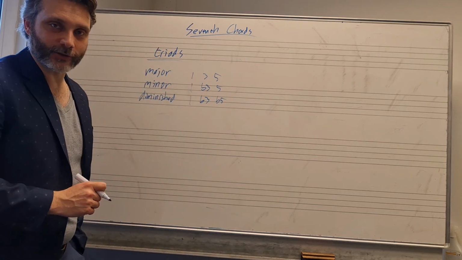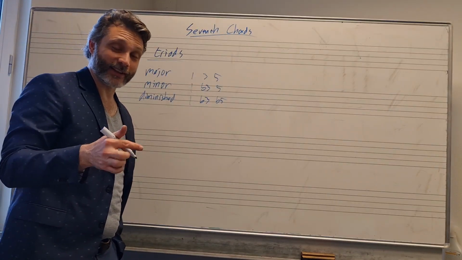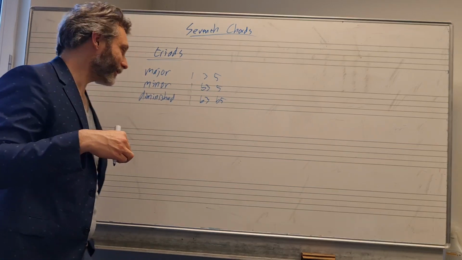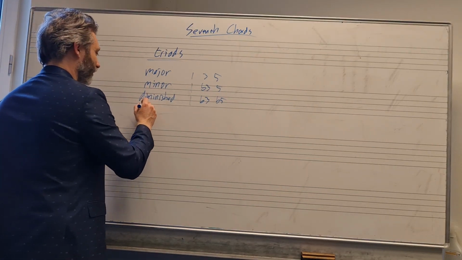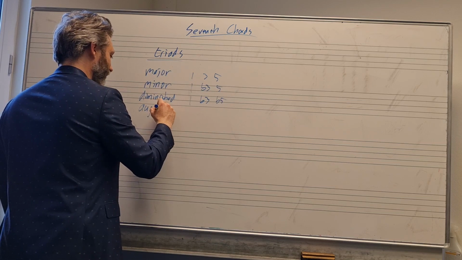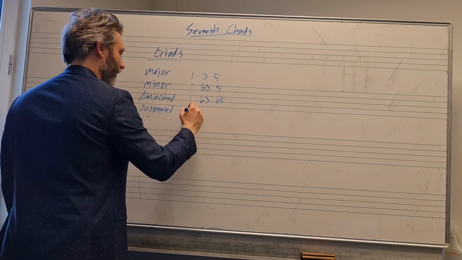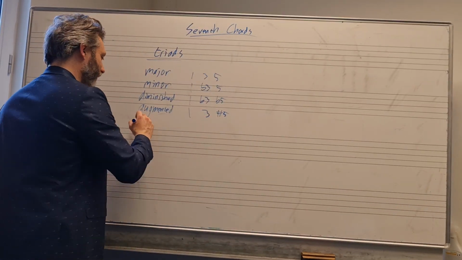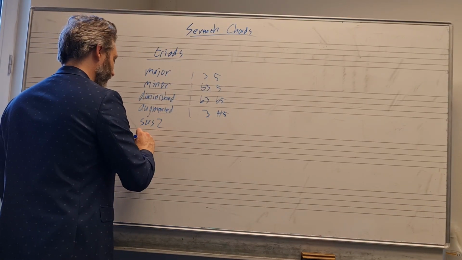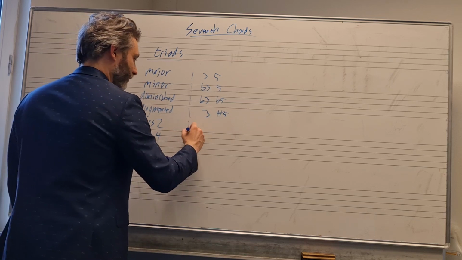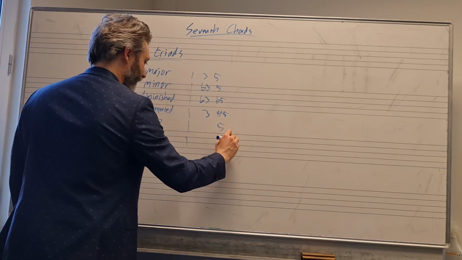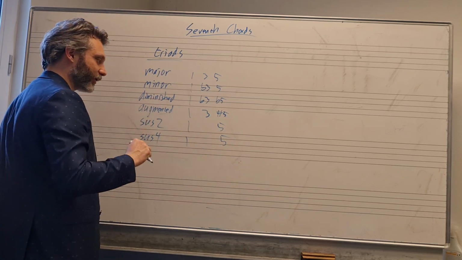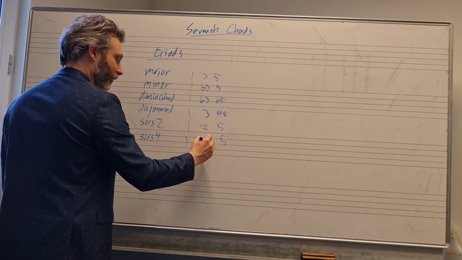Just in order to create a complete list, let's get the three other triads as well. That would be an augmented triad. That's 1, 3 with an augmented fifth. And then there's sus2 and sus4, which means we still have our 1 and 5, but now we replace the third by either a 2 or a 4.